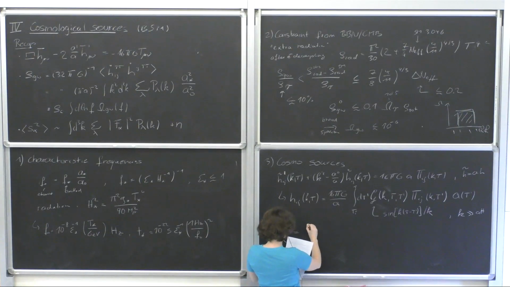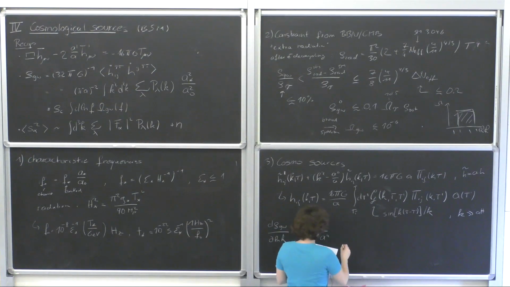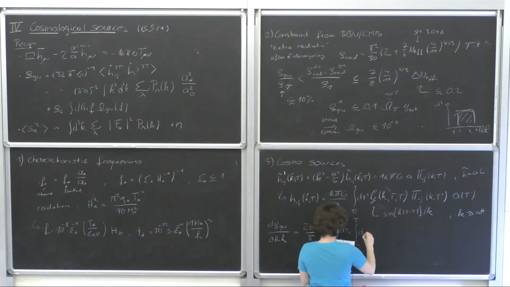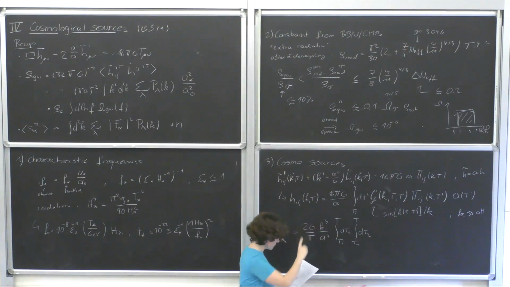So this gives 2G over pi k cubed a to the 4. Now we have two time integrals over d tau 1, d tau 2, from the two parts of the two-point function.